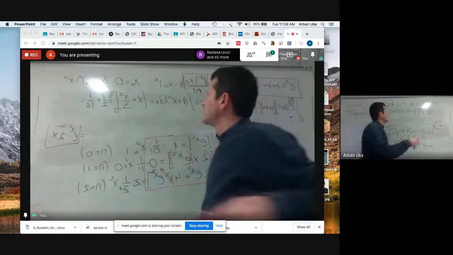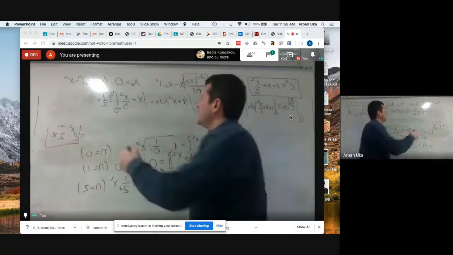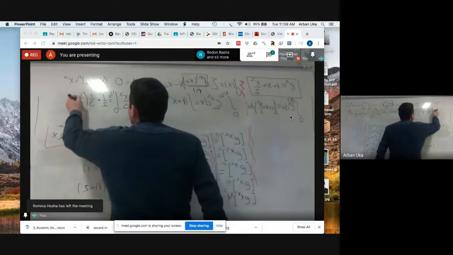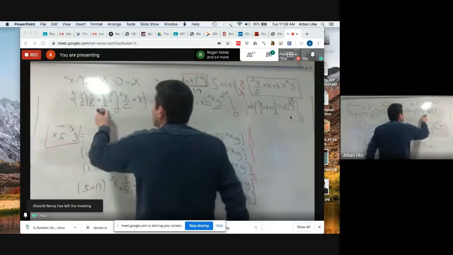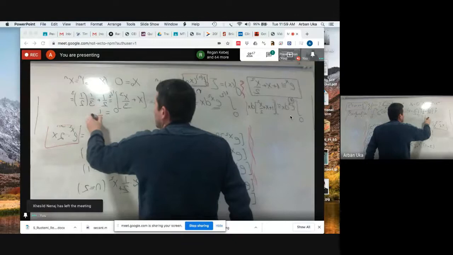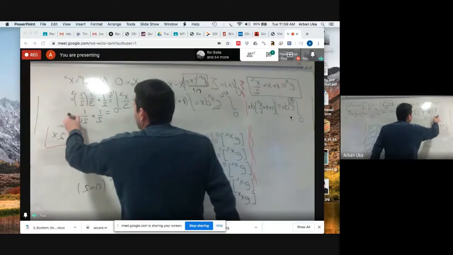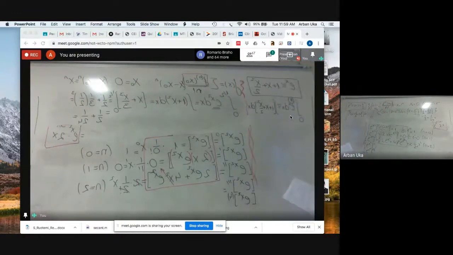If this is like this, we should have here plus 1 over 3, and this is 1 over 2 cubed. So this is equal to 1 over 2 plus 1 over 24. Okay? So we get something more correct here.